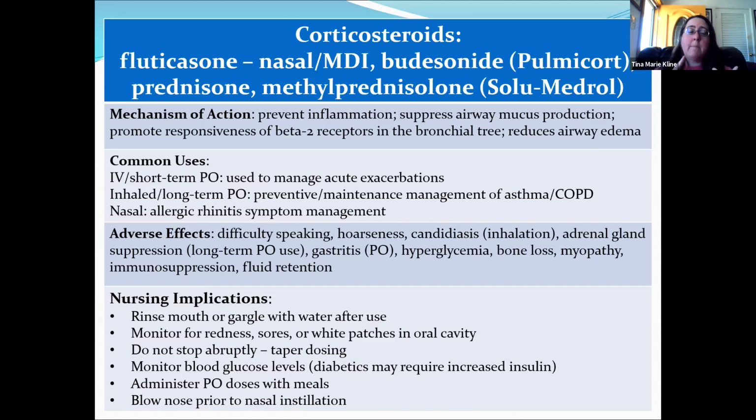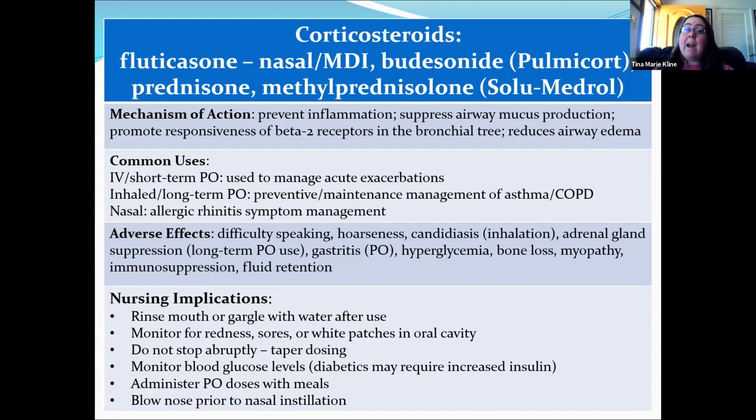Typically these are nose drops or a spray, like your Flonase nasal spray, to help reduce the edema in the nose. Those are typically used for allergic rhinitis, some sinusitis, things like that, to help open up the nasal passages, okay? So with those, it's very localized. You generally don't get effects beyond that specific area.